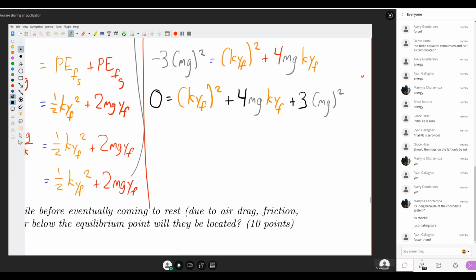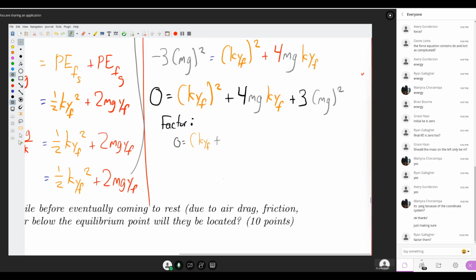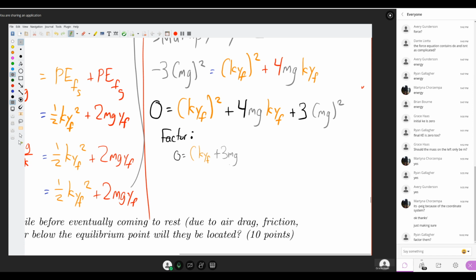So if you factor this, this gives you 0 equals (ky final plus 3mg) times (ky final plus 1 mg).